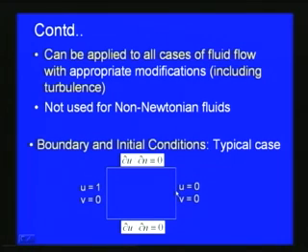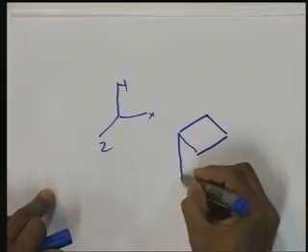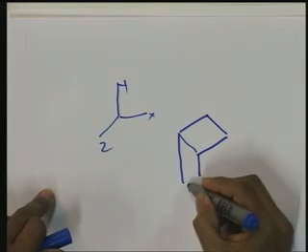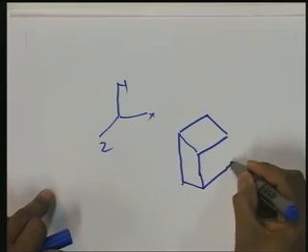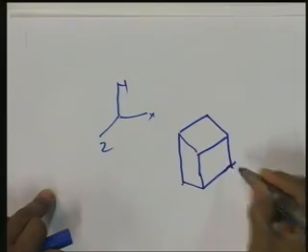Similarly, if you consider a 3-dimensional problem, with respect to x, y and z, say we consider the flow in a cubic cavity like this. Here we can use the Navier-Stokes equations with appropriate boundary conditions.